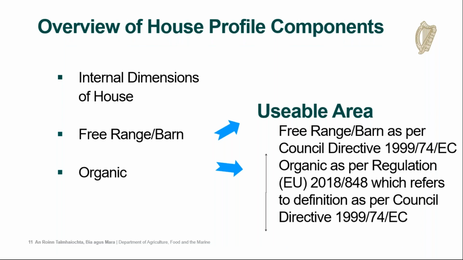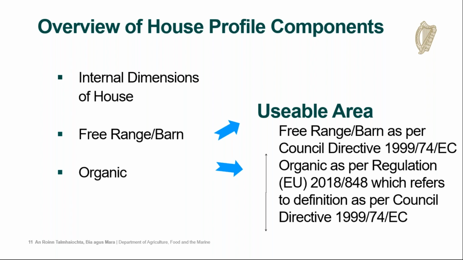So just in terms of the overview, I suppose the thing to note from my presentation anyway is the introduction of the usable area. And as I said, both the free range and the barn and the organics must calculate the usable area as part of the calculations used in the house profile.